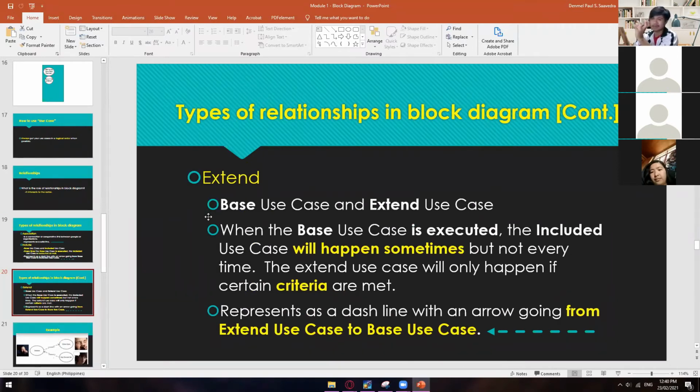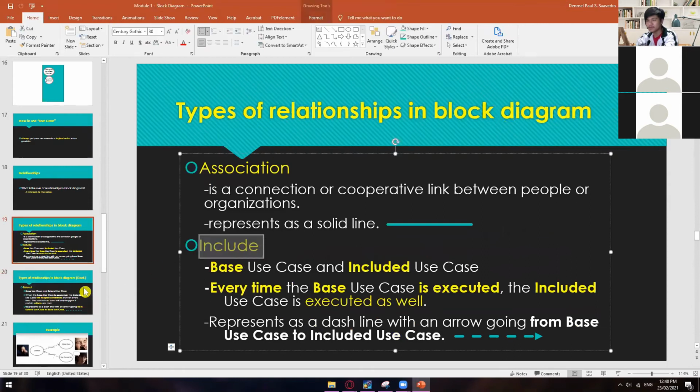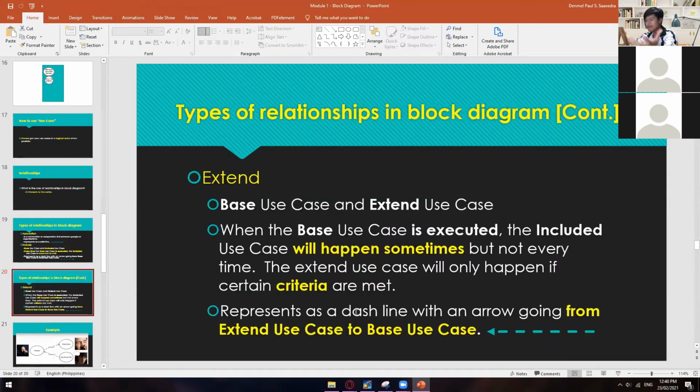It's like another functionality that will happen once the base is executed, but only sometimes, not always. It will only happen if a certain criteria is met. Later on, I'll give you an example of how extend and include use cases happen.